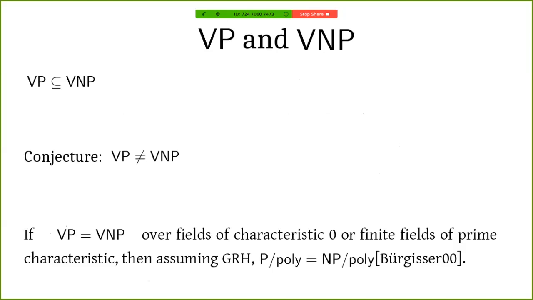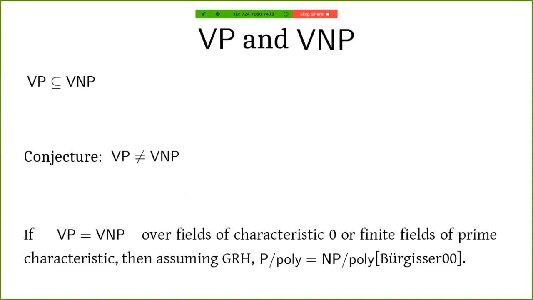As far as the connection between VP and VNP and Boolean complexity classes is concerned, it is known that VP equals VNP over fields of characteristic 0 or finite fields of prime characteristic implies that P/poly and NP/poly, that is, the non-uniform versions of P and NP, are equal, assuming the generalized Riemann hypothesis.